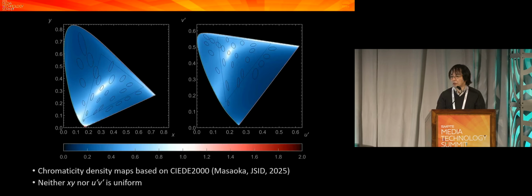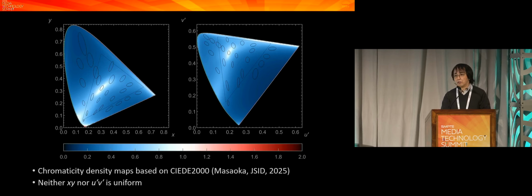And this shows the chromaticity density maps based on the CIE Delta E 2000. Chromaticity density is normalized at the D65 white point in each diagram. You can see in the xy diagram a very dark region, which means low chromaticity density. That corresponds to the largest MacAdam ellipse.